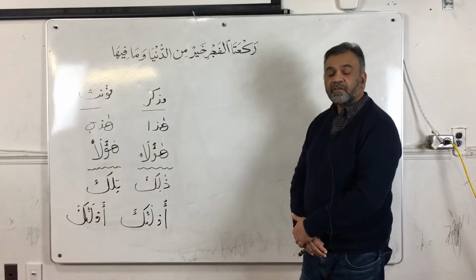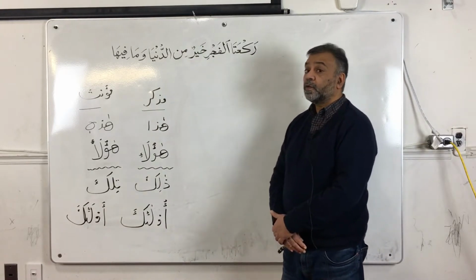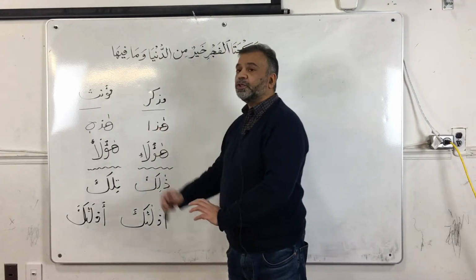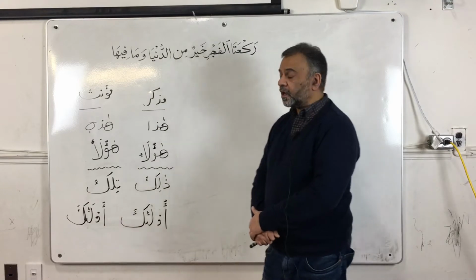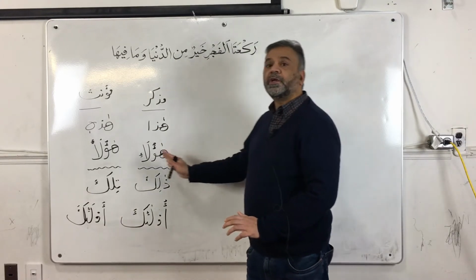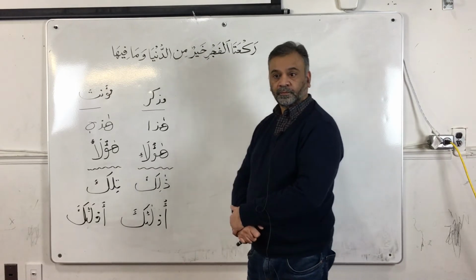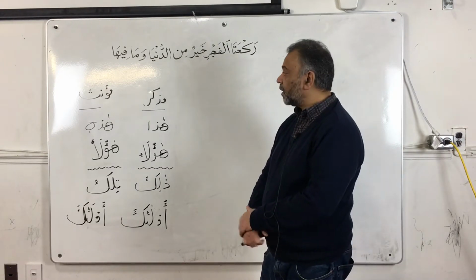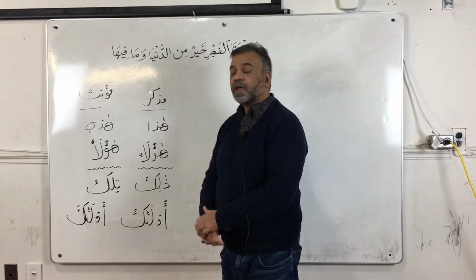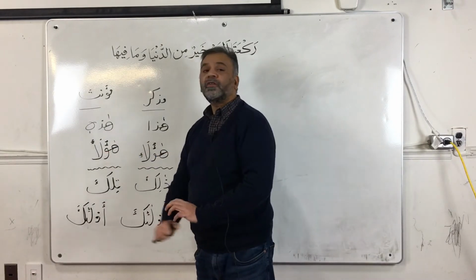One of the things we learned in the last class, for the same ismu ishara lil qareeb, or demonstrative noun for things that are near to us, when it comes to plurals, for masculine gender it is haulai, and for feminine gender also haulai.